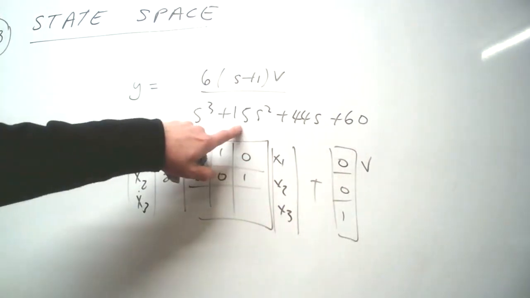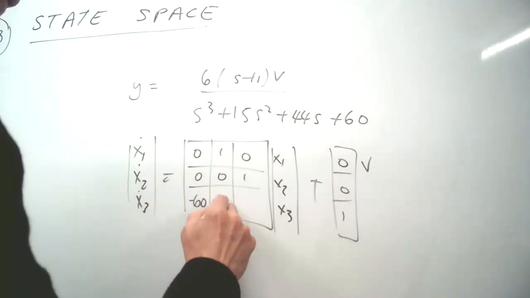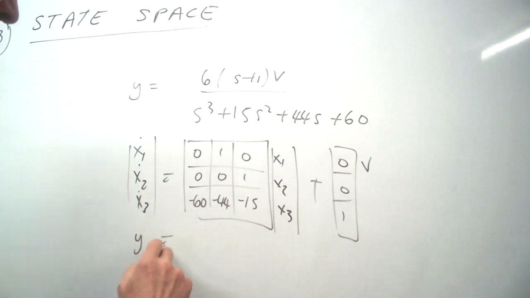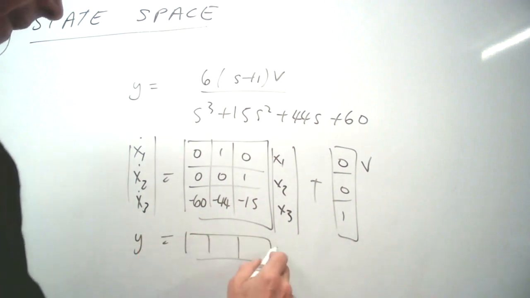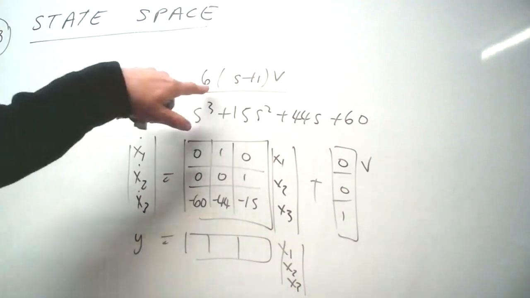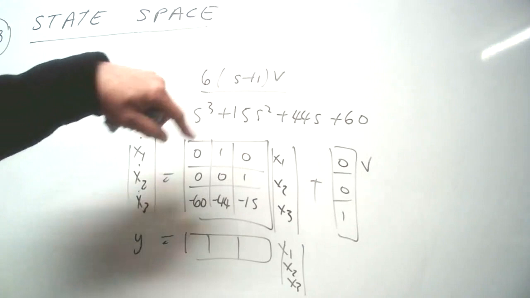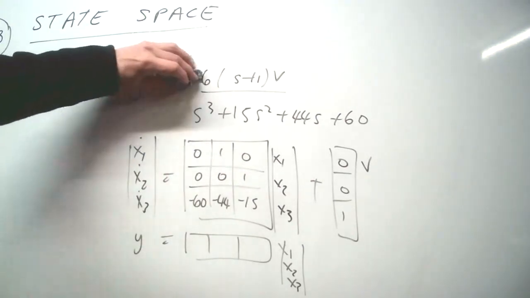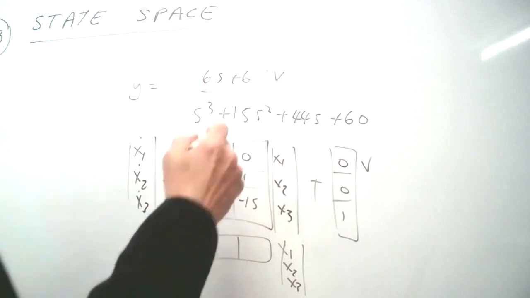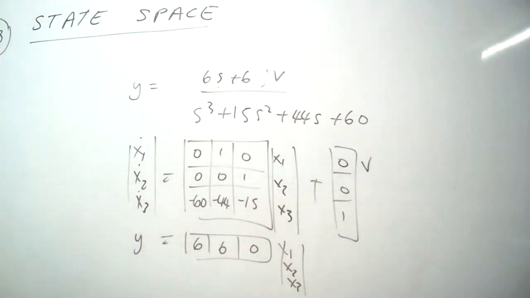And these numbers here, negative sign reverse order, so it's minus 60, minus 44, minus 15. And then the output y is given by x1, x2, x3, and that comes from here. This could be rewritten as 6s plus 66, so that'll be 66, 6, 0.